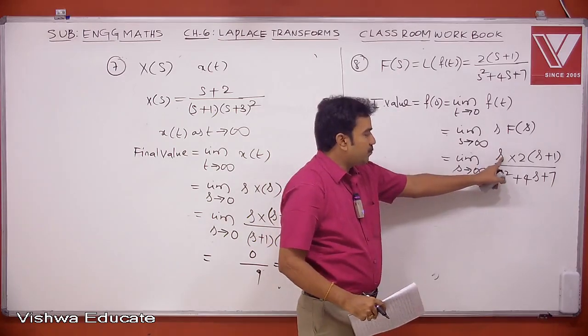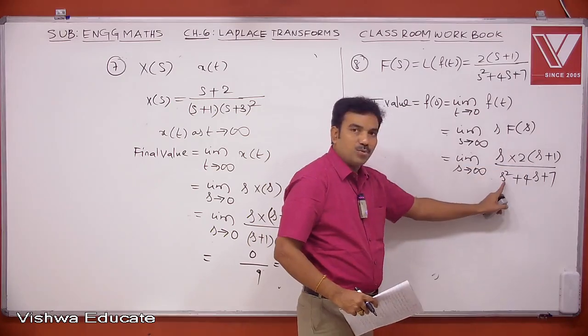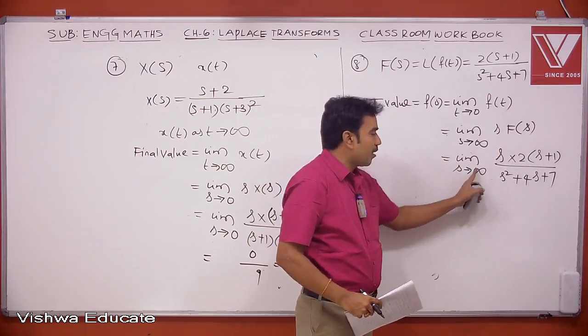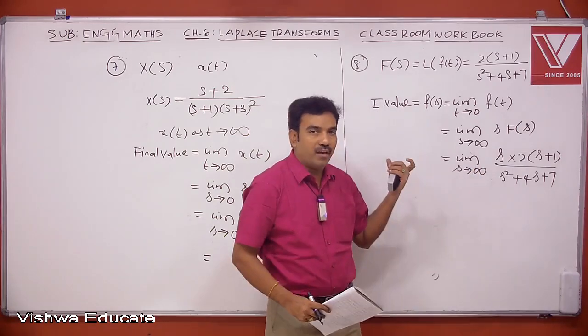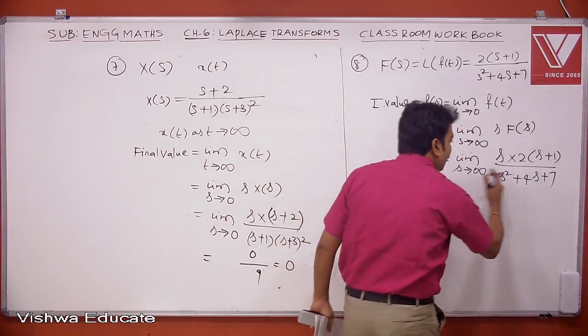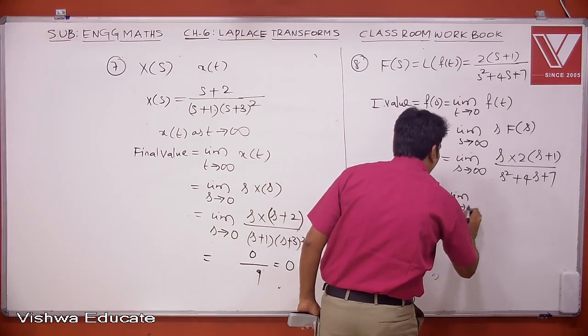So here the highest power of s is s square, because s into s becomes s square. Here also s square terms are there. When equal powers of s are there, and you are applying limit as s tends to infinity, take the highest power of s common from numerator as well as denominator side. Otherwise you won't get a finite value of the limit. So this becomes limit s tends to infinity.